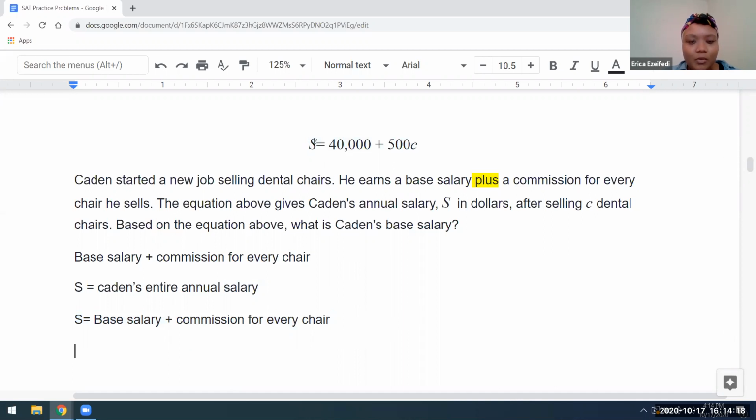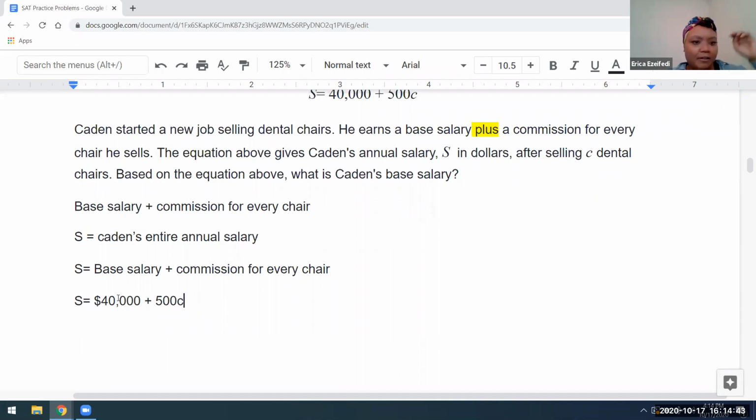So let's do a one-to-one matchup. We have S and S. So we'll draw S as it is there, equals. So S equals 40,000 plus 500C.